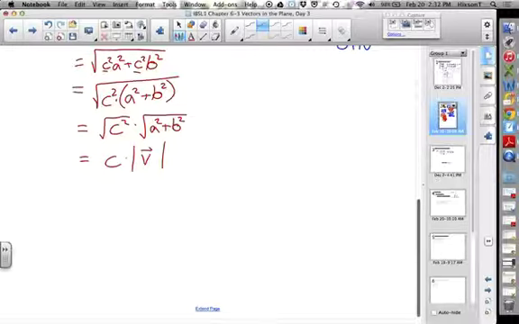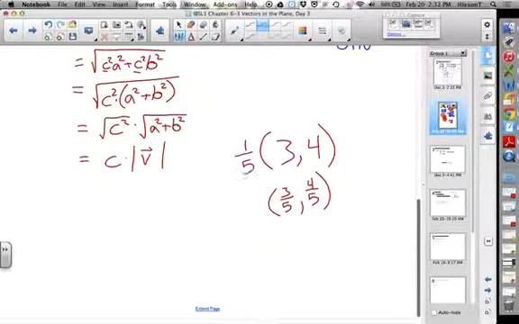If we had a certain direction, the vector 3, 4, that's a direction, but its magnitude equals 5. So if I wanted it to only have a magnitude of 1, I could make it 3/5, 4/5. I could multiply the whole thing by 1/5, and that has a magnitude of 1.